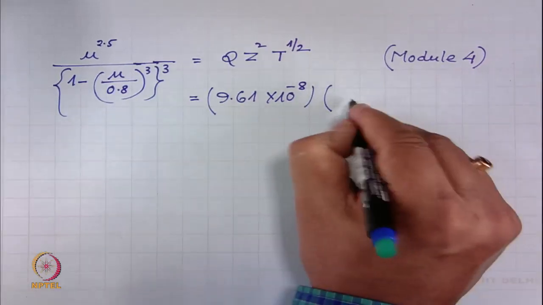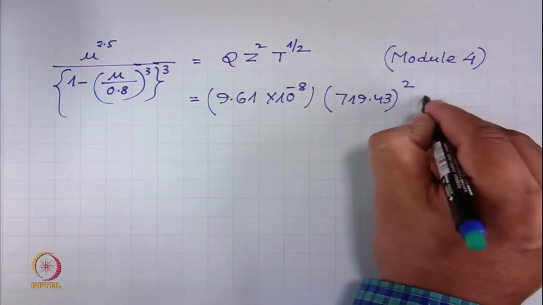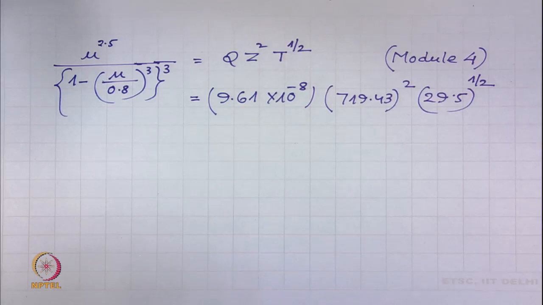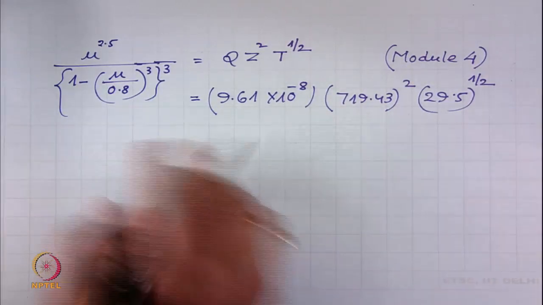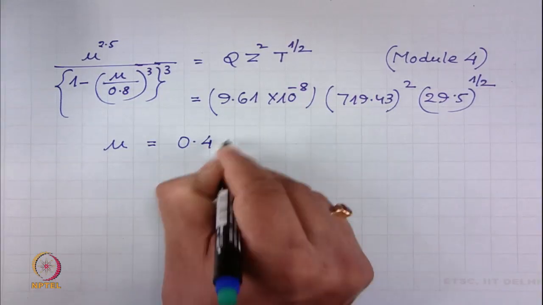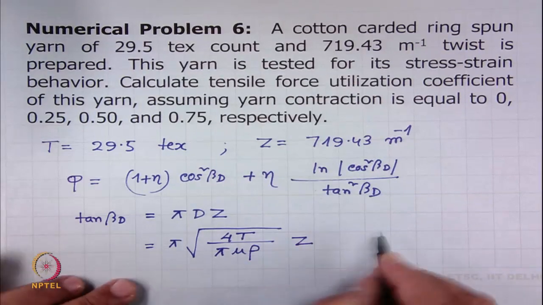What is the value of Z? Z is given, 719.43, and T is 29.5 to the power half. Then you can solve for this expression. You will find out mu will be equal to 0.46.